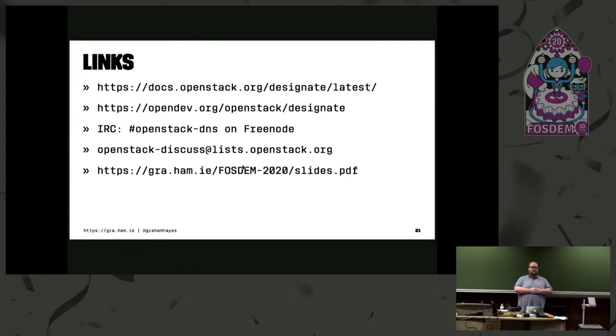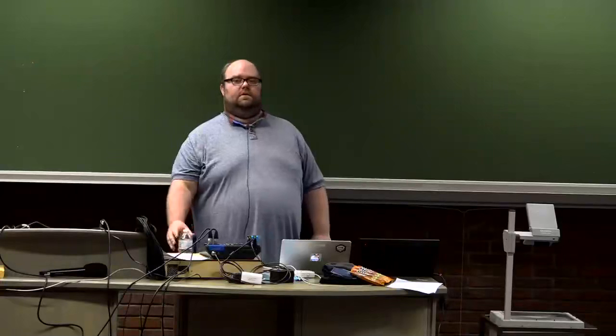We are in Freenode, OpenStack DNS. I'm Mugsy in that channel. I'm generally around European times and am more than willing to help anyone who has issues. We use the standard OpenStack mailing lists. And yeah, the slides. So with that, are there any questions?